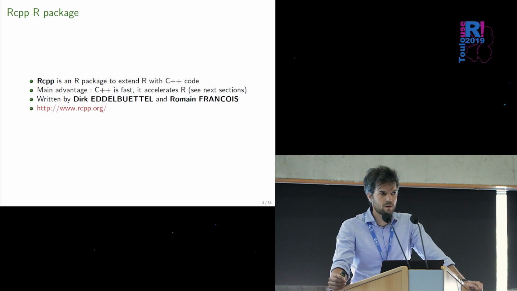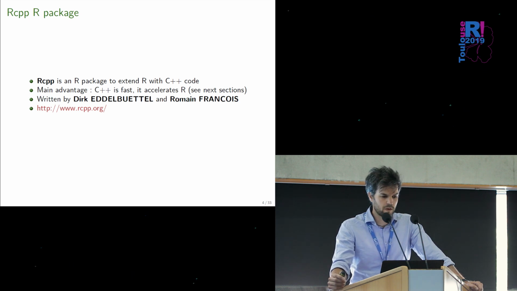So first, what is Rcpp? It's an R package to extend R with C++ code, and the main advantage is that C++ is fast and it accelerates R. It was written by Dirk Eddelbuettel and Romain François, and it has its own website.